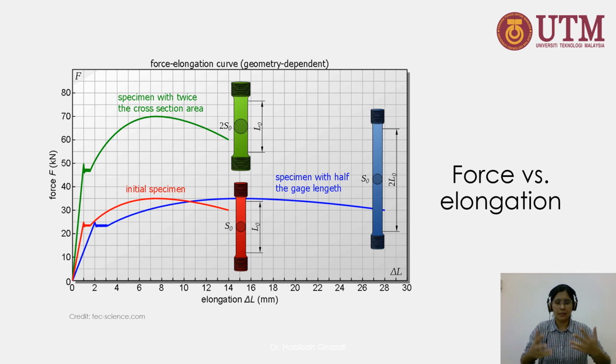These two specimens are not standardized, for one thing. And another thing, we know for certain that steel has a higher strength than wood. So if we compare this straight away from the force elongation curve, whatever we come up with is not a statement that will tell us the strength of these materials.